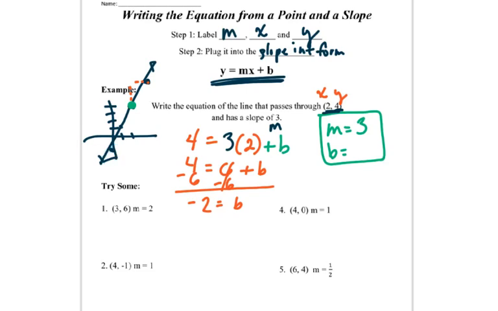So we solved for b, and we get that my y-intercept is -2. Now that I have an m and a b, I can write the equation, which is y equals 3x minus 2. Okay, so go ahead and try number 1. See if you can get the same thing for number 1.